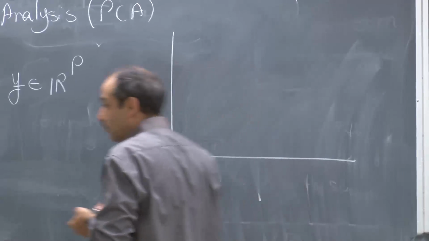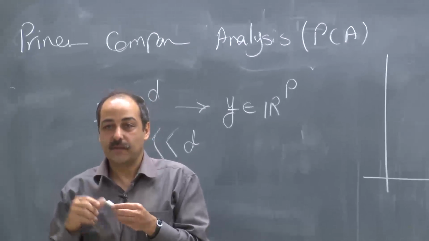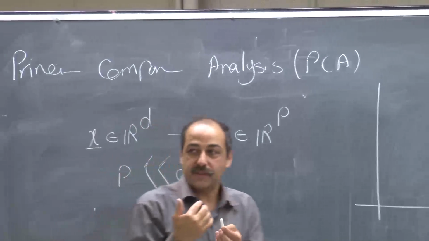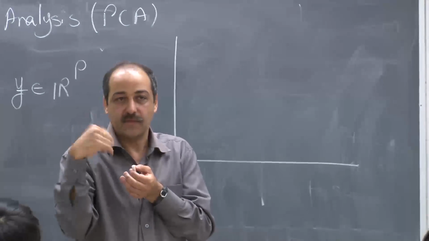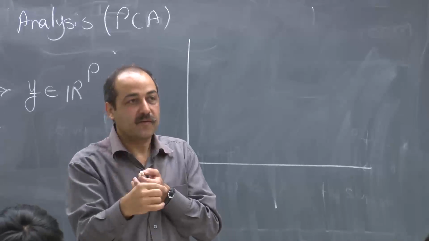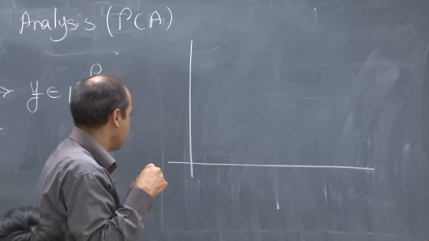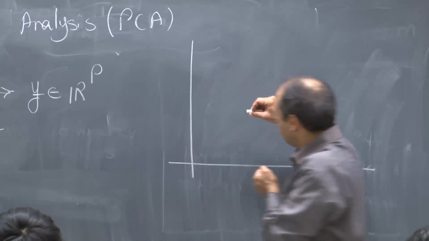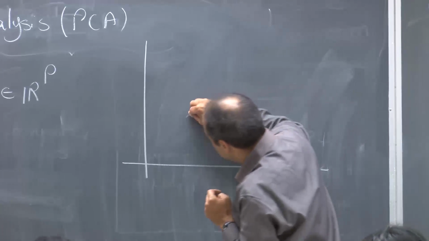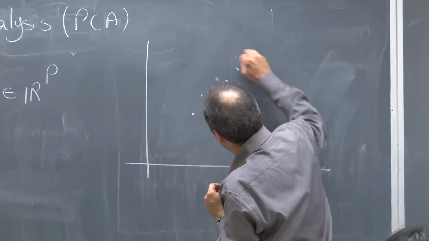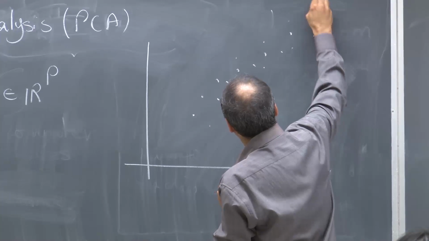I'm going to show you a couple of slides about the terminology that we are going to use in PCA and the concept of PCA, and then we are going to mathematically derive PCA and see how we can compute it. But suppose, before I do this, that I have some points in two-dimensional space.